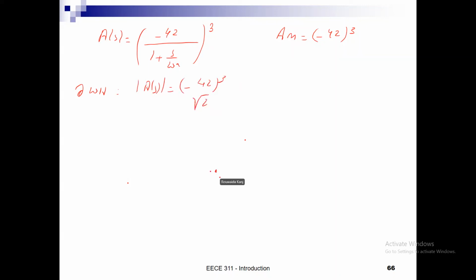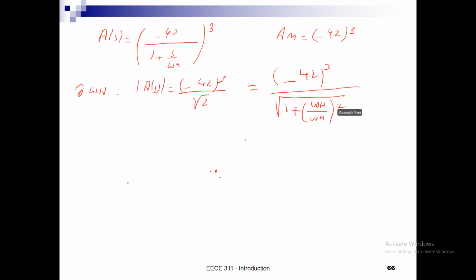And if I want to write the magnitude, it is really equal to minus 42 cubed over the square root of 1 plus omega h over omega A all squared raised to what power? 3. Right? Is that correct?